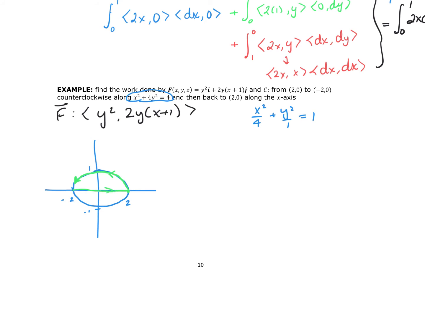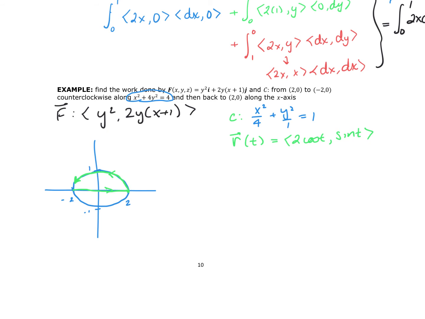All right, so let's dig in deeper. Let's go ahead and parameterize our curve. This is our curve, so let's parameterize it in terms of t. We know that we can replace x with r cosine t anytime that we want. So my x can be replaced with 2 cosine of t because of that 4 down below, and my y is just going to be the sine of t.